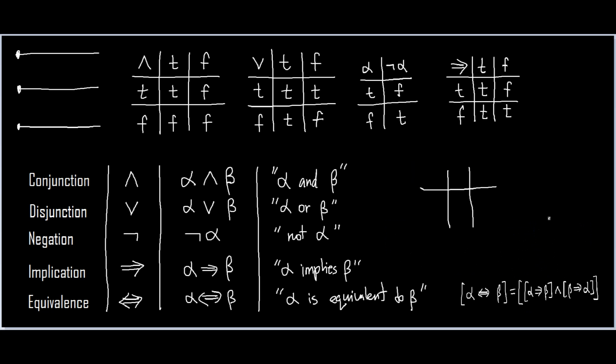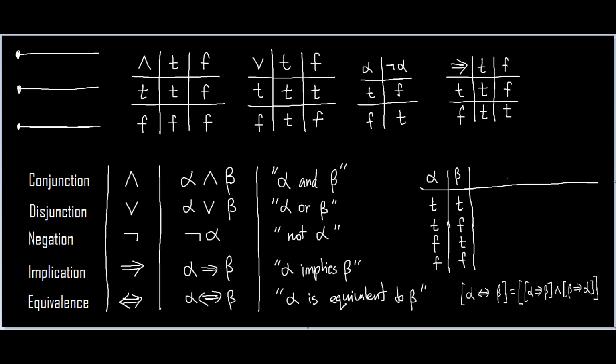So I'm going to now not use this matrix notation, rather the notation that was used for the negation. So I'm going to write alpha and beta here, and what I will do below them is list all possible combinations. So alpha true, beta true, alpha true, beta false, alpha false, beta true, alpha false, beta false.